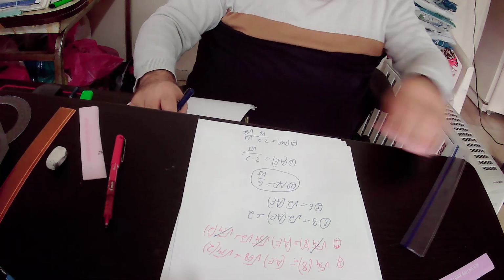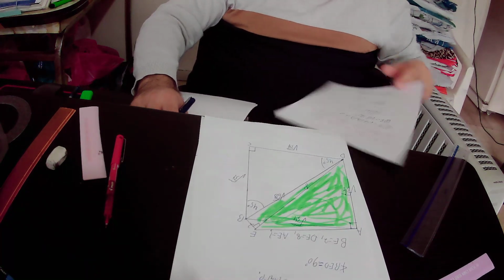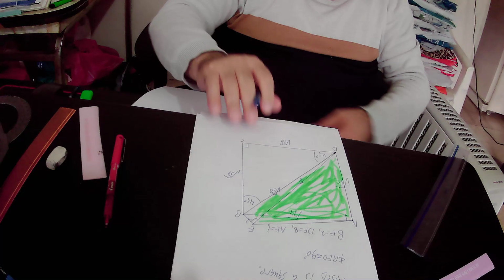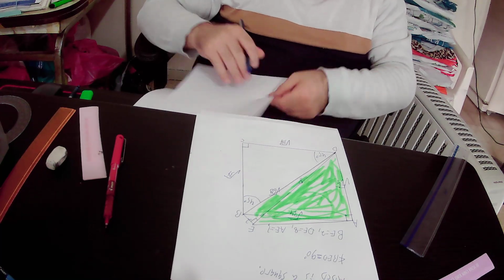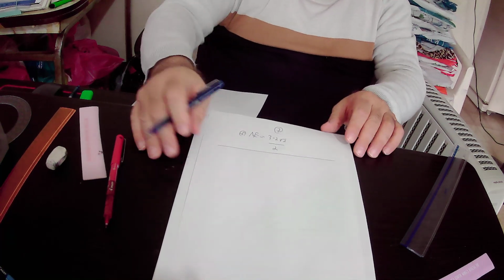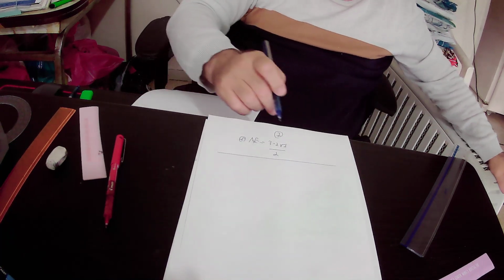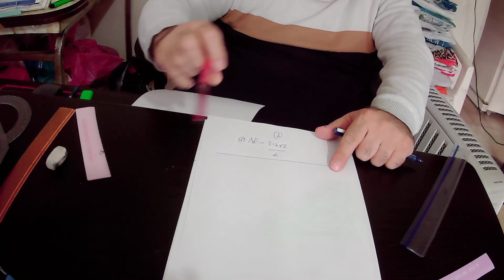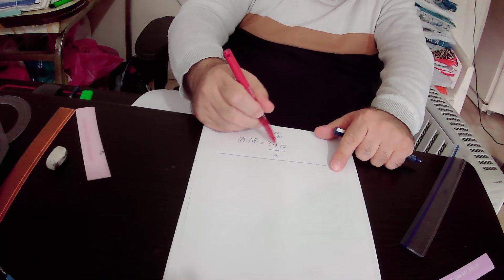So in total we got that AE equals 3 times 2 times root 2 over 2. 2 over 2 is 1, so 2 will get cancelled.